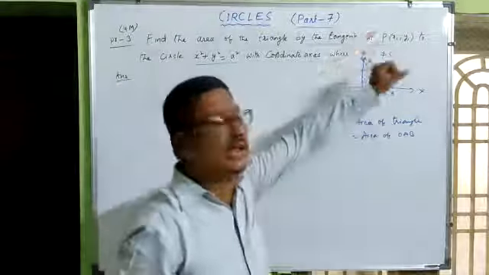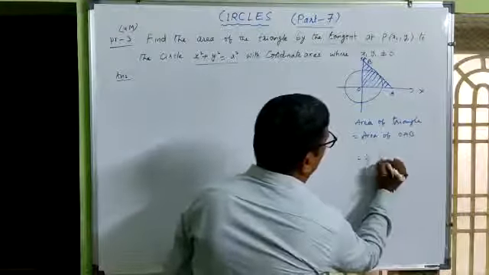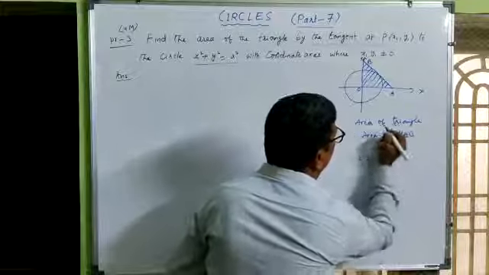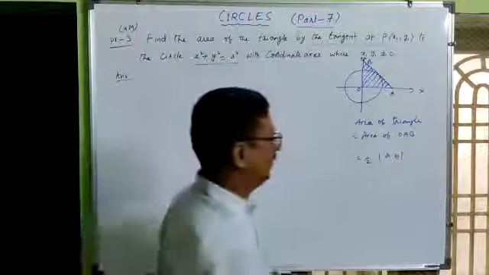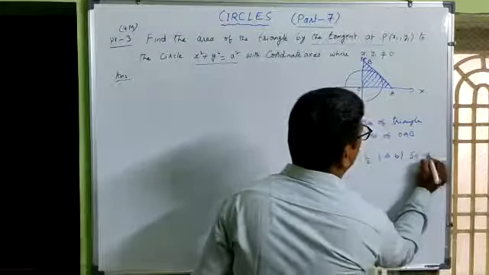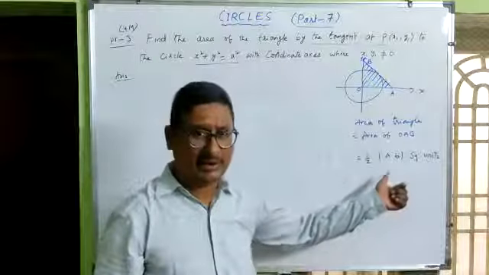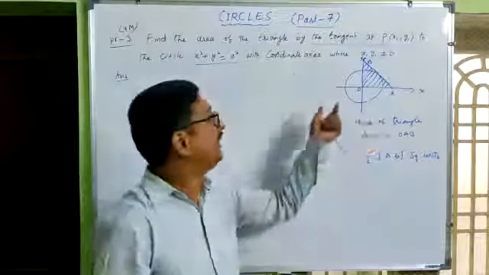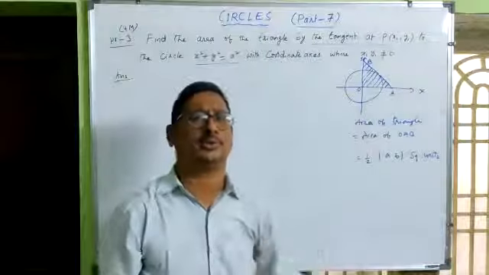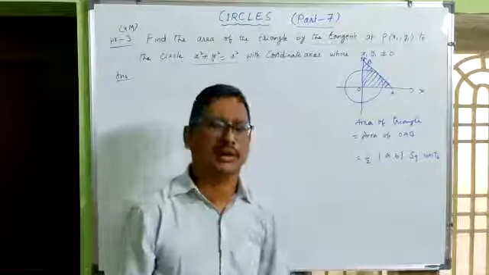The area of triangle OAB is obtained by half mod AB square units. What is A? A is the x-intercept and B is the y-intercept. If you find the intercepts from this tangent equation directly, you can substitute the intercepts in the given formula so that we can find the area of the triangle.